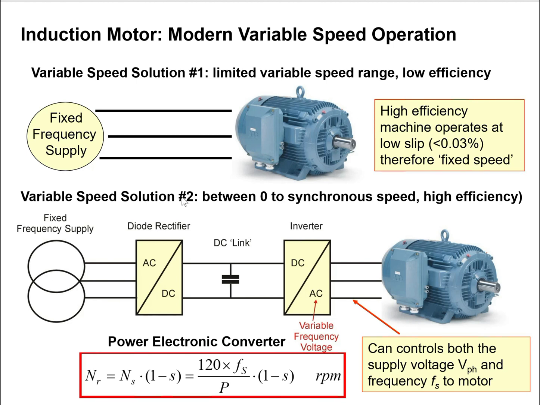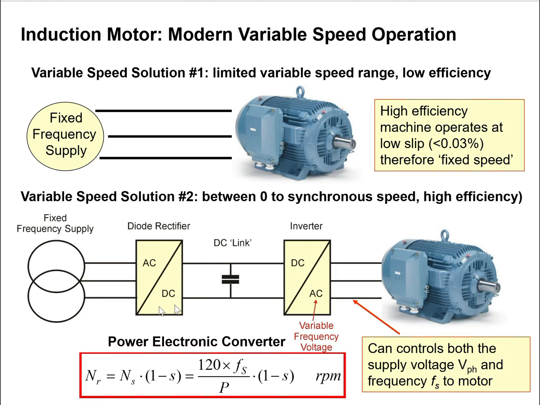The other solution is having the synchronous speed vary between 0 and the synchronous speed, and this will produce a high efficiency. And this can be done by varying the voltage and varying the frequency. So this is done by a variable voltage and variable frequency drive.